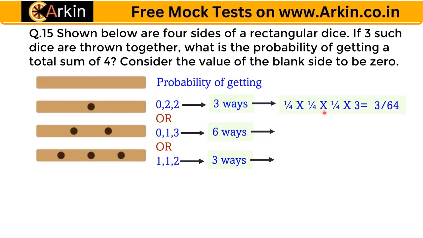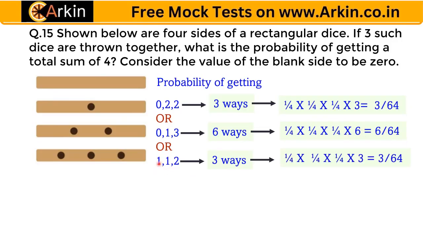That will come as 3 by 64. Again, the probability of getting 0, 1, 3, as we earlier found out, can be in six ways. So it will be 1 by 4 into 1 by 4 into 1 by 4 into 6. It will come as 6 by 64.